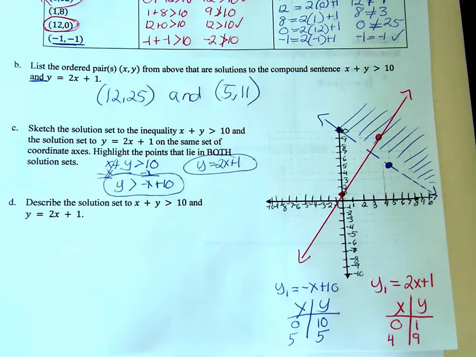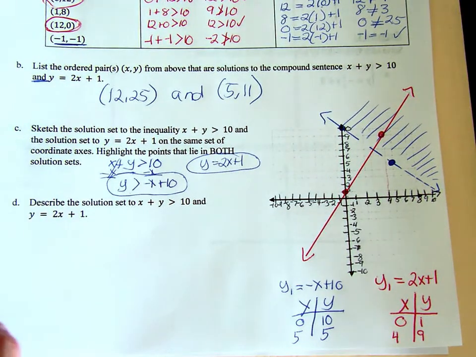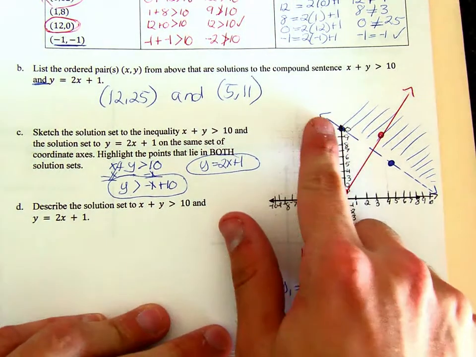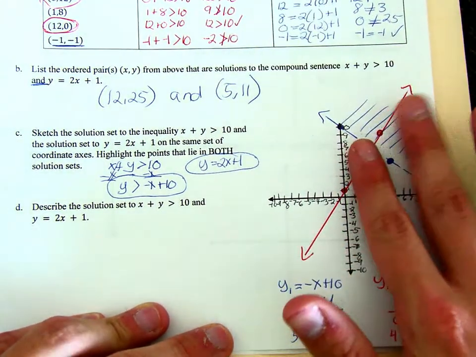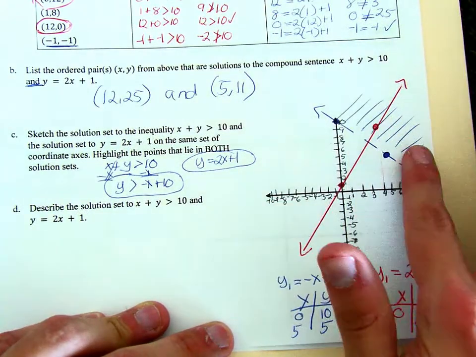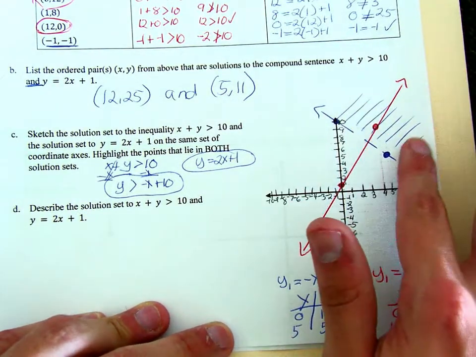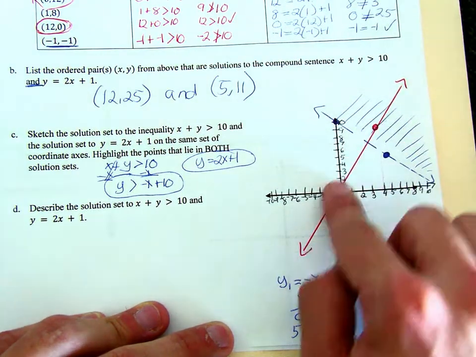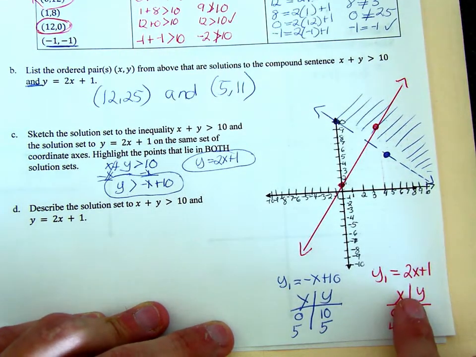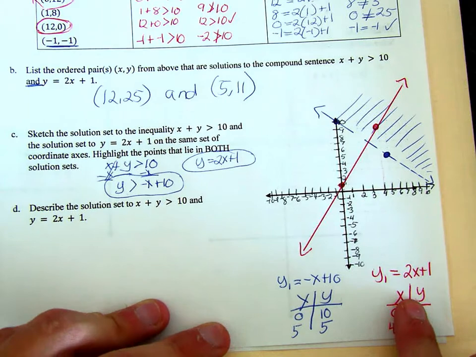So now if I look at my graph, they want us to highlight the points that lie in both solution sets. We know that the blue solution set for the inequality is everything that's above this line, so any points that are in here. We know that any points on this red line are going to be solutions to the equation y is equal to 2x plus 1.